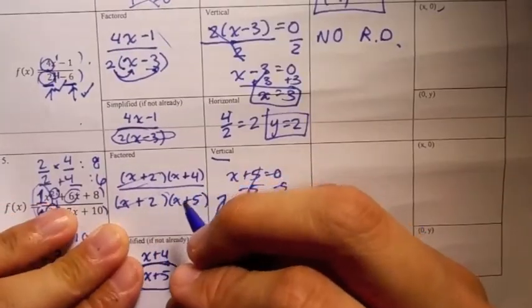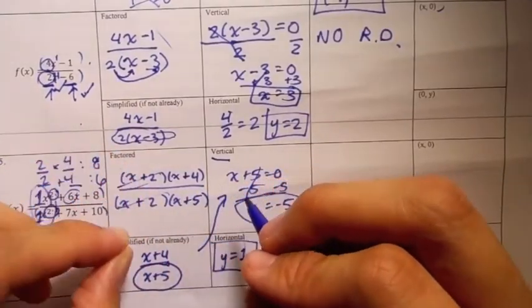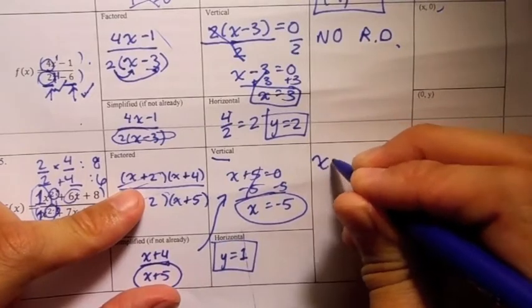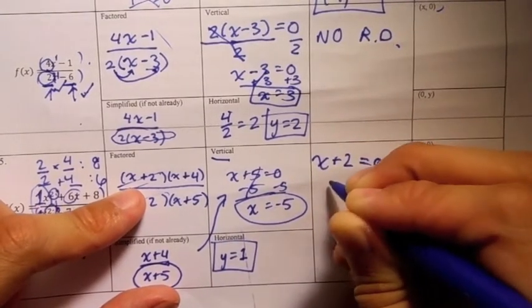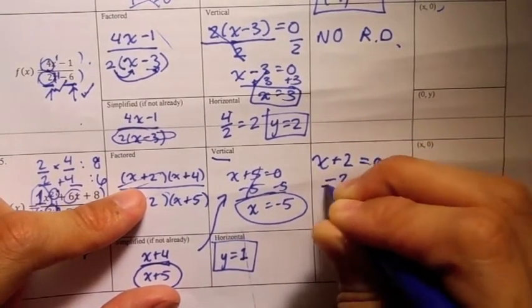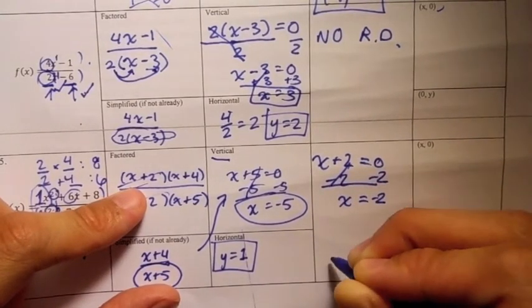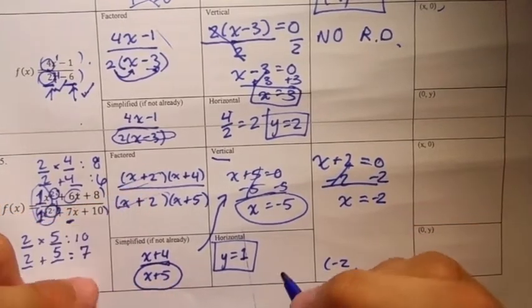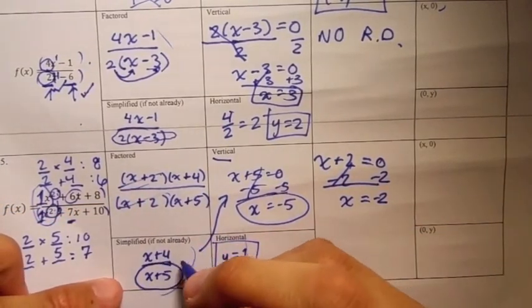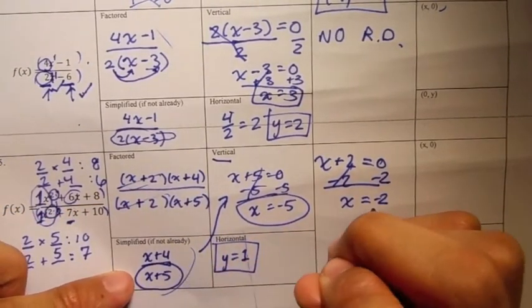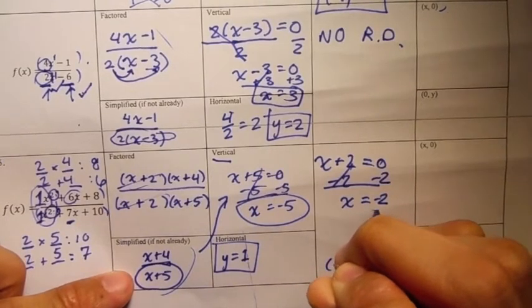And for number 5, we did remove something, and we're going to set that equal to 0 again to find our x-coordinate. I'm going to subtract 2 from both sides. That should give you x is equal to negative 2. Again, that is only half of our answer. Then we go to the simplified form and replace x with negative 2.